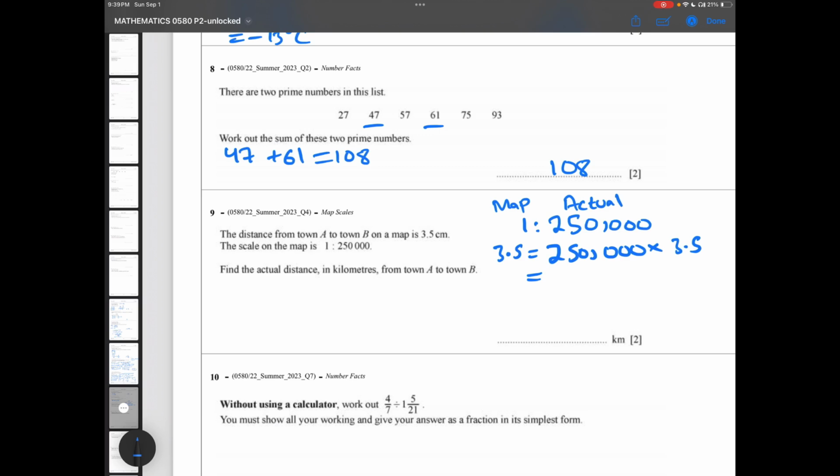It will be more than 250,000, right? If 1 represents 250,000, so 250,000 into 3.5 is 875,000. So this is the actual distance between town A and town B.